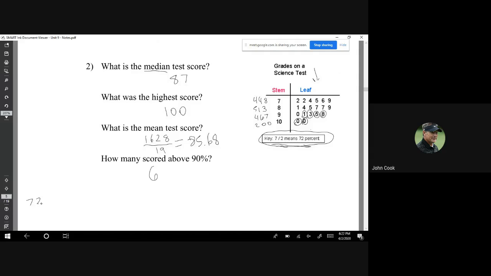So we have a 72, another 72, a 74, a 75, a 76, a 79, an 81, an 84, an 85, an 87, another 87, an 89, and then a 90, a 91, a 93, 95, 98, and then 100 and 100.